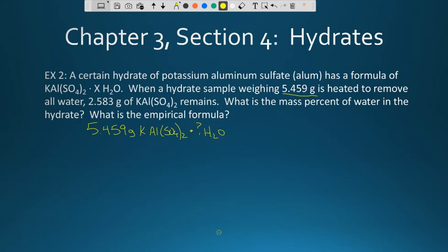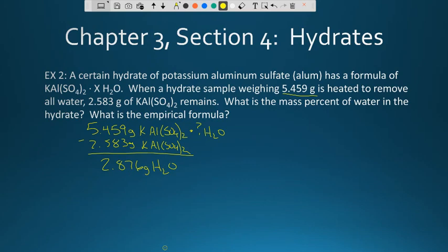Okay, so the entire compound is this. And when we drive it all off, we find that we only have 2.583 grams of just the potassium aluminum sulfate left. There's no water in there. So the question is pretty simple, 2.876 grams of water. Now, how can we use that to figure out the mass percent?